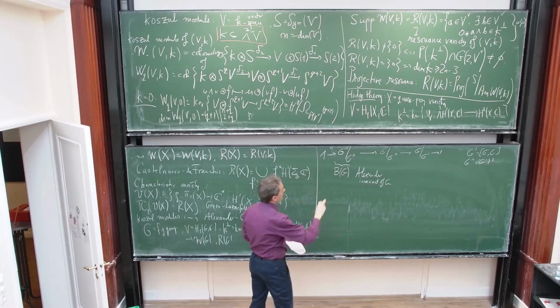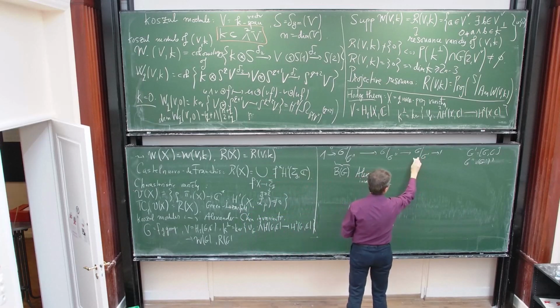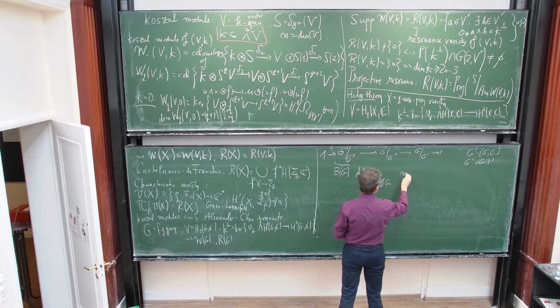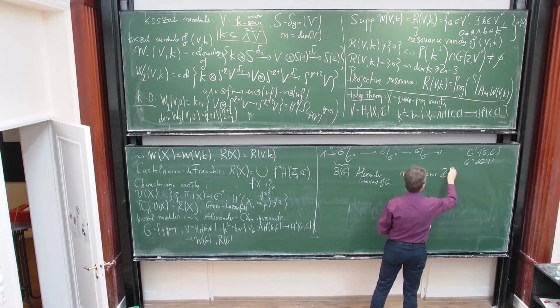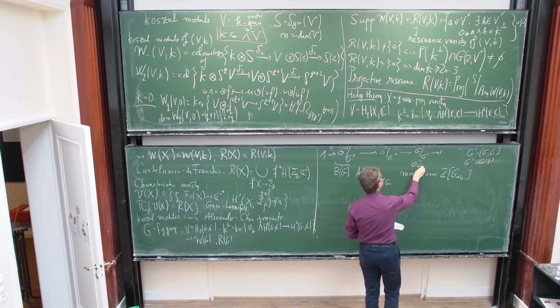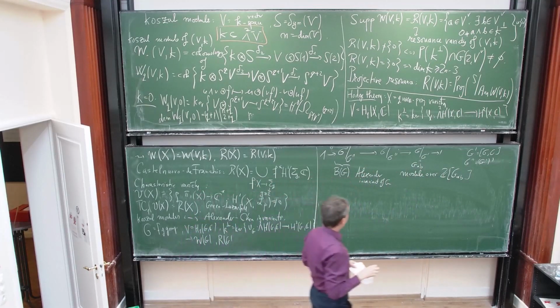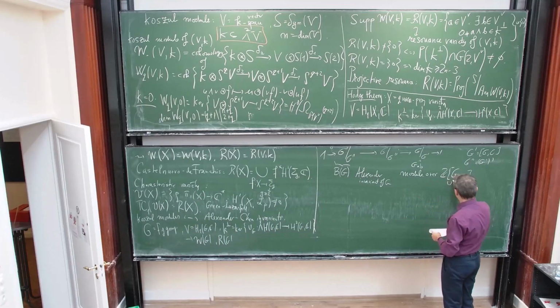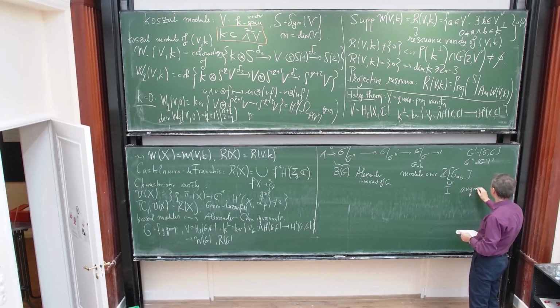And this can be regarded as a module over the group algebra of G abelian. So this is a module over G abelian. And the action is by conjugation. And then here you take the augmentation ideal, so the kernel of the degree map. So this is the augmentation ideal.